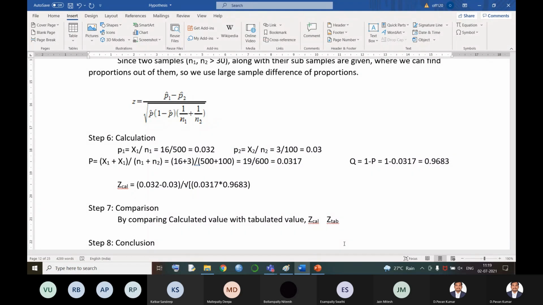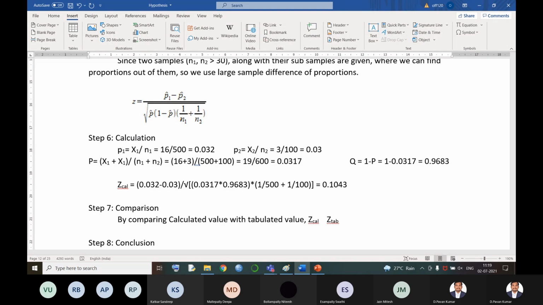Now into, now the denominator values, right? 1 by n1 and 1 by n2. 1 by n1 500 plus 1 by 100. 1 by n1 plus 1 by n2. Close the brackets.